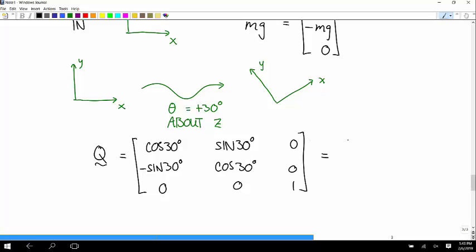We could do that numerically. That's like 0.866, 0.5, 0, negative 0.5, 0.866, 0, 0, 0, 1.